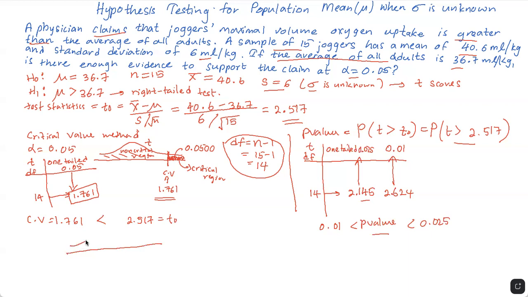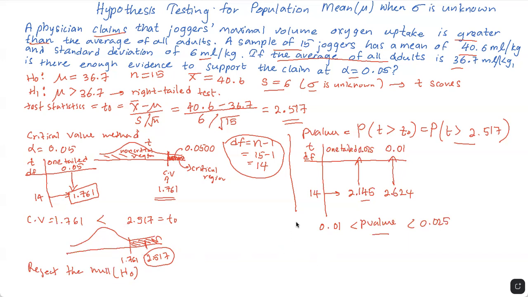So here my cutoff value is 1.761 and 2.517 is over here. As you can see, this is the critical region. Your 2.517 falls in the critical region. So therefore, reject the null. Null is H0. So that's the decision according to critical value method.